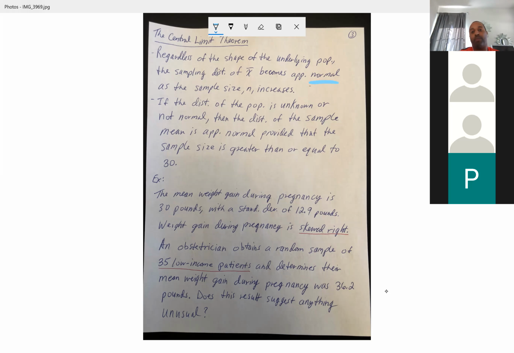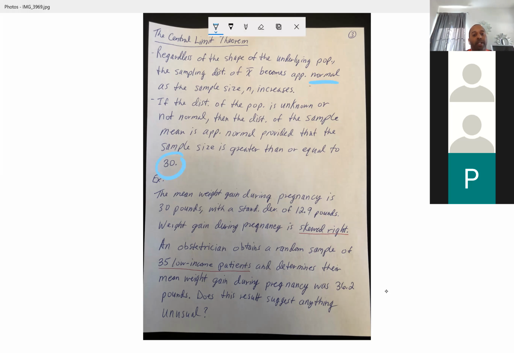So we want to increase our sample size, or have a large enough sample size, so that we can use the approximately normal distribution. If the distribution of the population is unknown or not normal, then the distribution of the sample mean is approximately normal provided that the sample size is greater than or equal to 30.